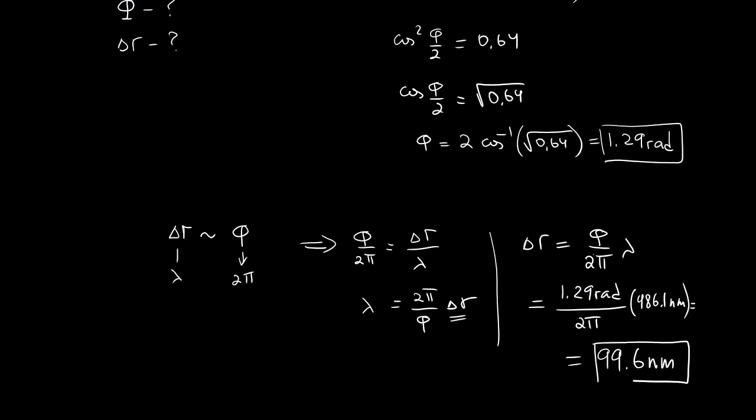That would be our corresponding path length that corresponds to the 1.29 radian phase difference.